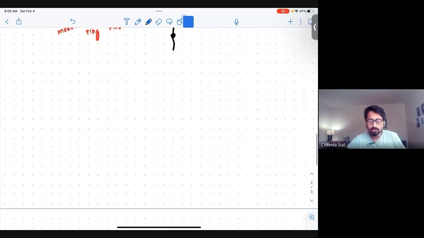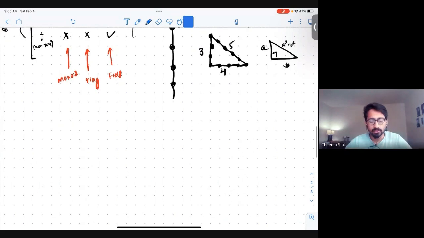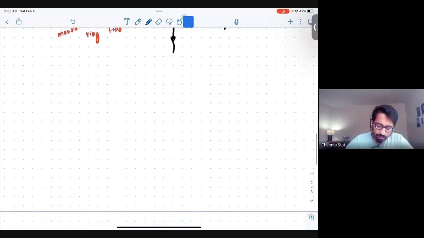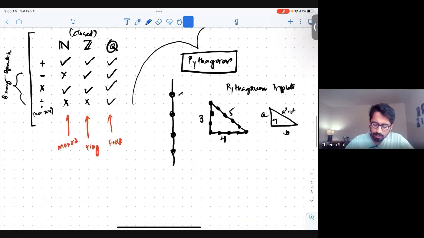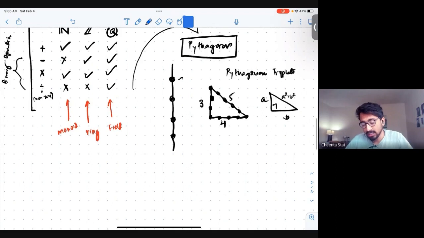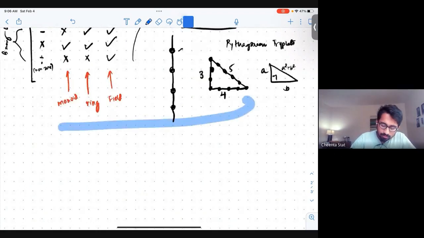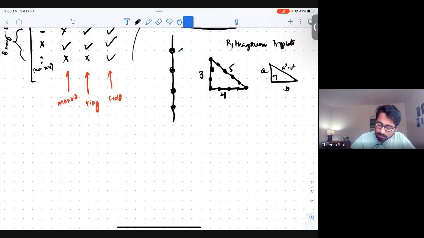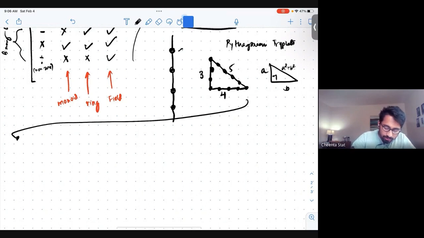Coming back to the current situation: rational numbers were discovered, then Pythagoras came in. From the Pythagoras theorem, it's very natural to ask what the length of this is.